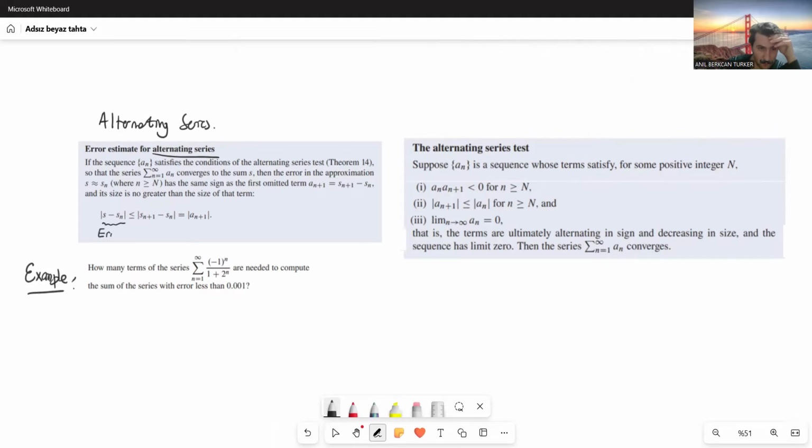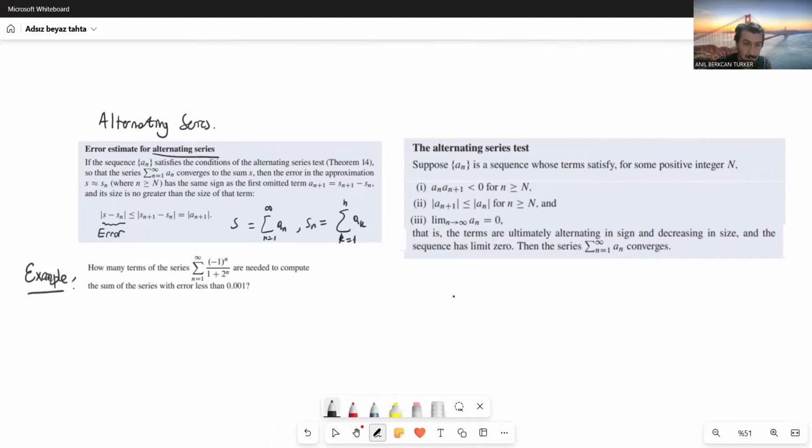Because S means the whole series from n equals 1, and Sn means the partial sums. This is the full series and this is the partial sum. So we are going to calculate which index partial sum satisfies this error.